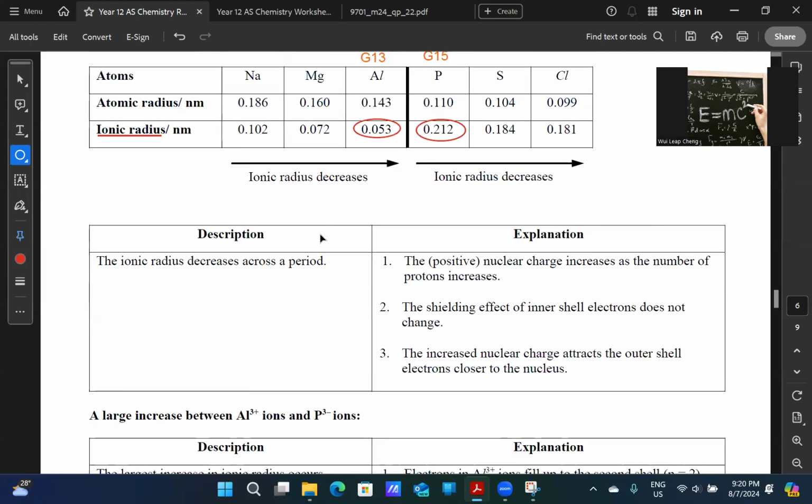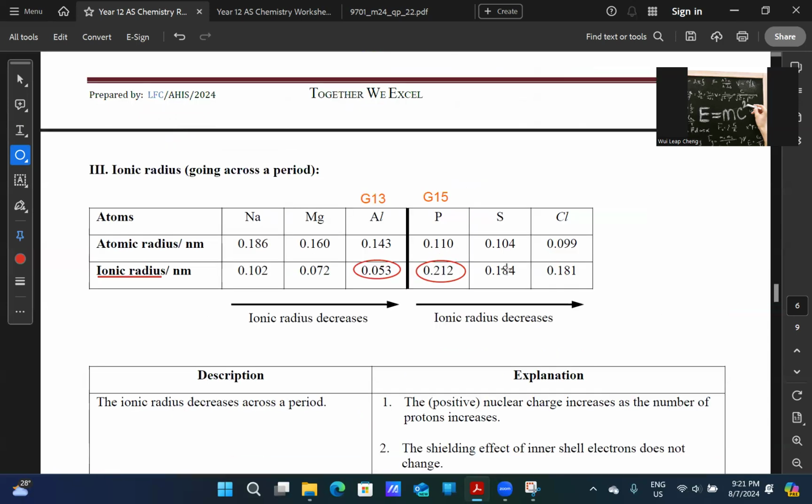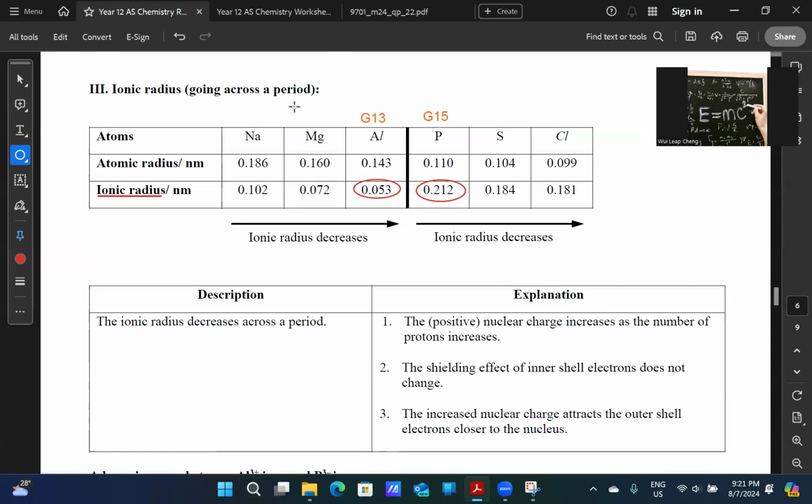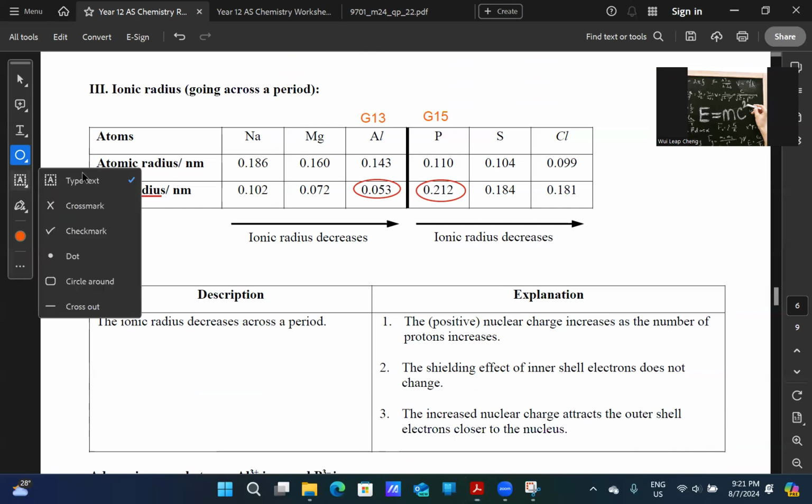However, let's discuss first. From group 1 to group 13, same as from group 15 to group 17, ionic radius decreases. Okay, why? The nuclear charge increases as the number of protons increases. I'm sure you agree with me because sodium has how many protons?